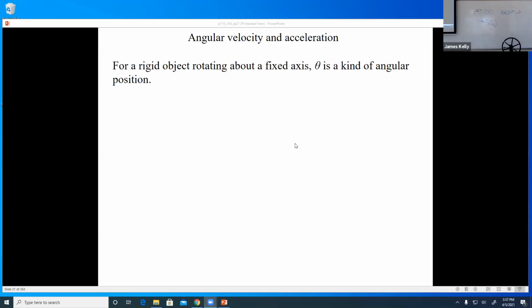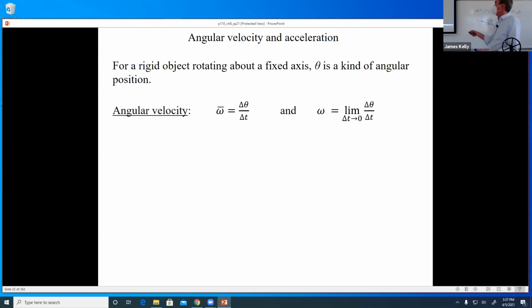We would also like to be able to say how fast it is rotating. Just by analogy with what we did before, when we were talking about x as linear position, the rate at which x changed, delta x over delta t, was our average velocity. And then we took that over a very small amount of time, and we called that the instantaneous velocity.